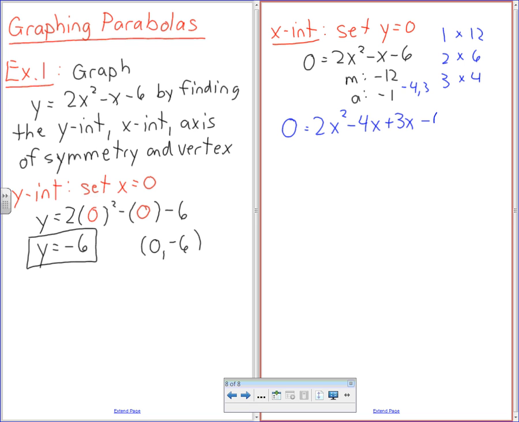Can I get a second soul to be brave here? Hannah, go. So 0 equals 2x bracket x minus 2, times 3 bracket x minus 2. Wonderful. And Hannah's the best factorer in the class, so I guarantee that's right.